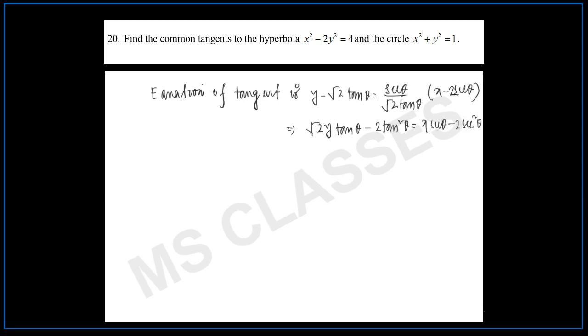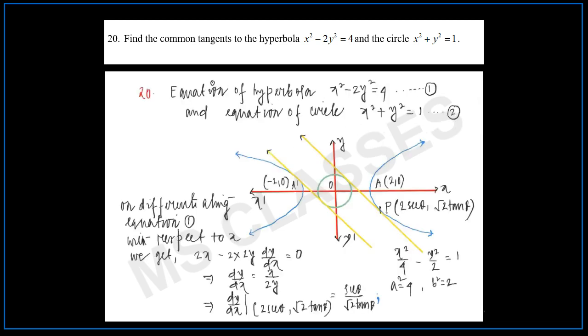Further simplification gives x sec theta minus root 2 y tan theta equal to 2 common, since sec square theta minus tan square theta is 1, so we get ultimately 2. So this is the equation of the tangent at the point P.